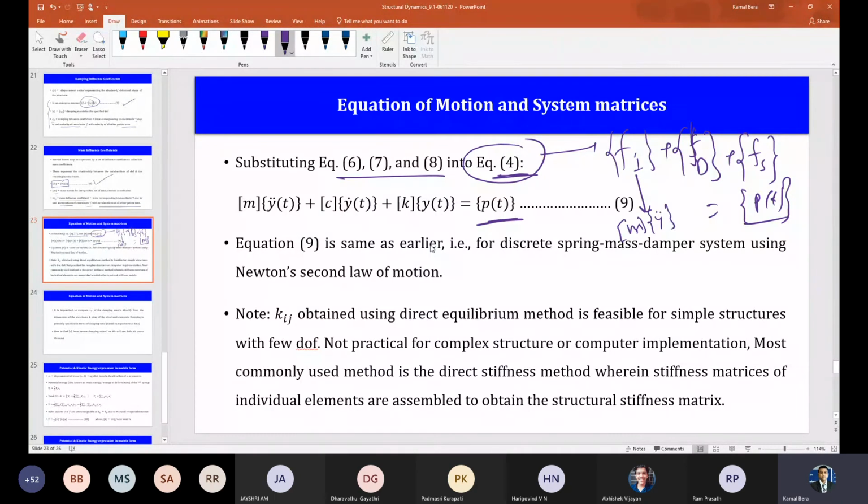Damping is C, the damping matrix, into y dot, and spring is K into y. K is the stiffness matrix, C is the damping matrix, and M is the mass matrix, which constitute the stiffness influence coefficient, damping influence coefficient, and the mass influence coefficient. Okay, right? Which is symmetric in nature.